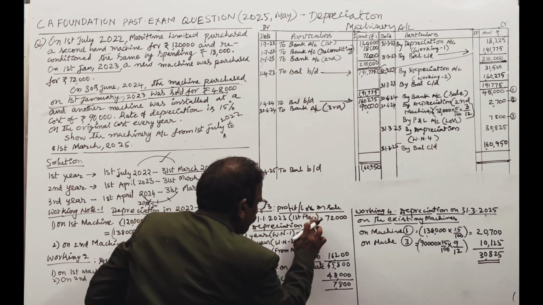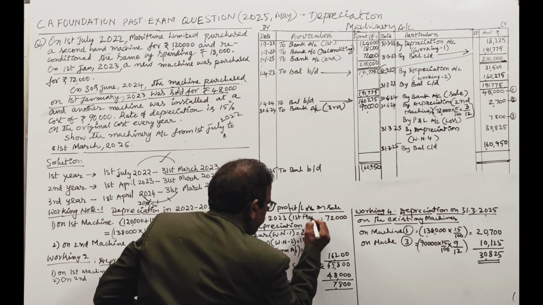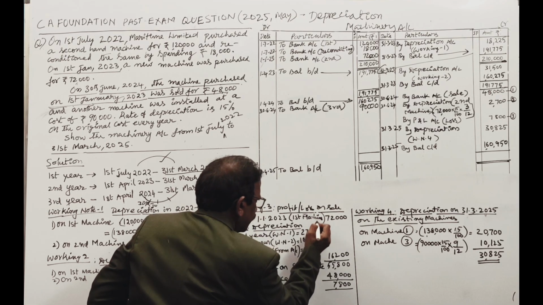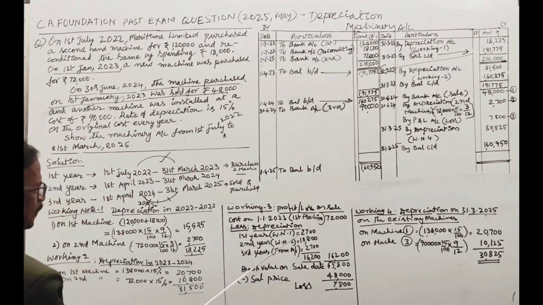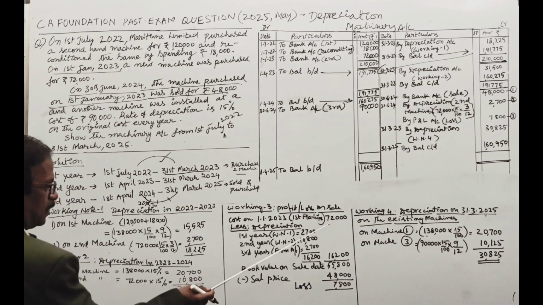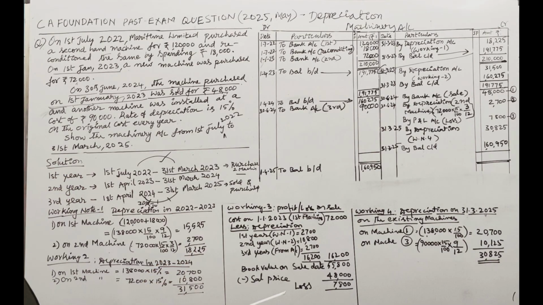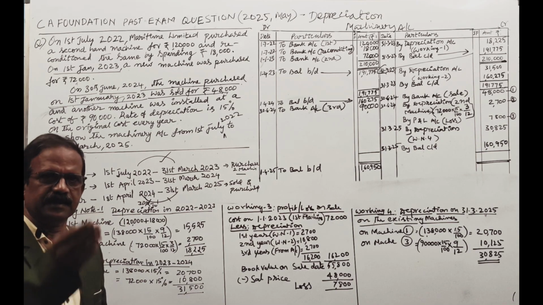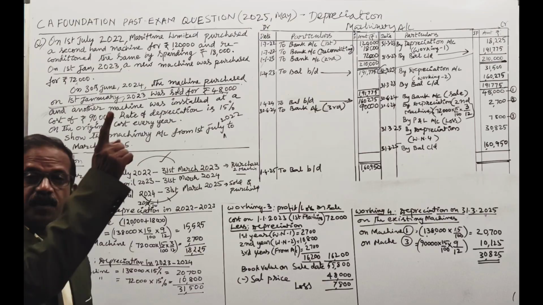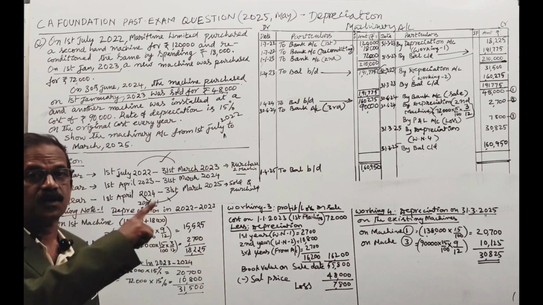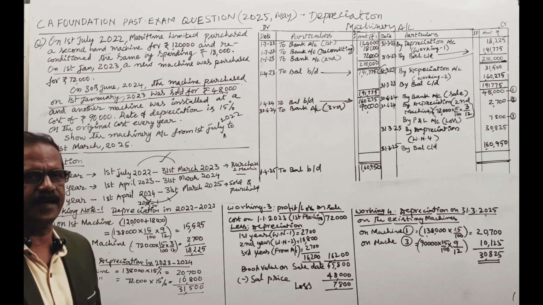Here, first machine, 72,000. This is the original cost. From this cost, you have to subtract the depreciation from the date of purchase to the date of sale.